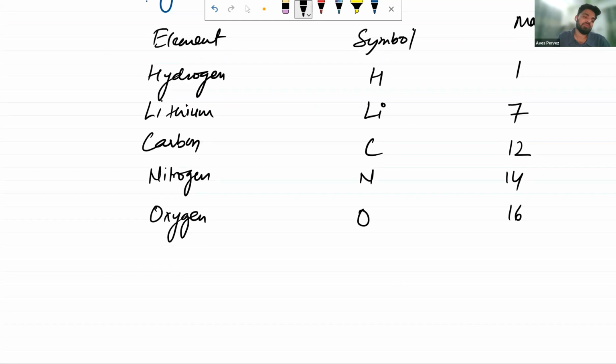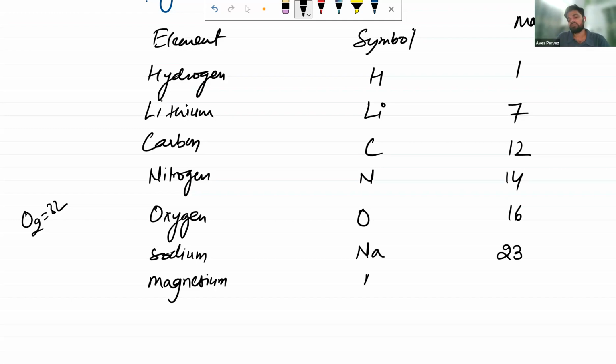If we are talking about O2, then it will have mass 32. After oxygen, we have sodium, symbol Na, mass 23. Then magnesium, Mg, mass 24. Aluminium, Al, mass 27.